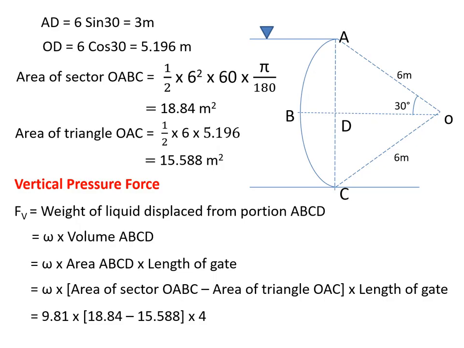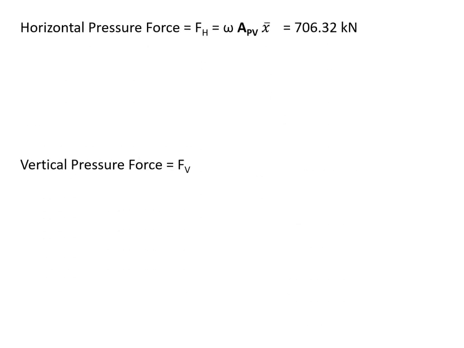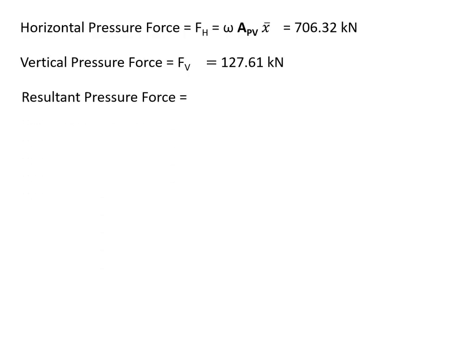You multiply by the length, so that gives FE, that is 127.61 kilonewtons. So therefore, I am able to find out the horizontal pressure force as well as the vertical pressure force, and this gives the resultant pressure force.